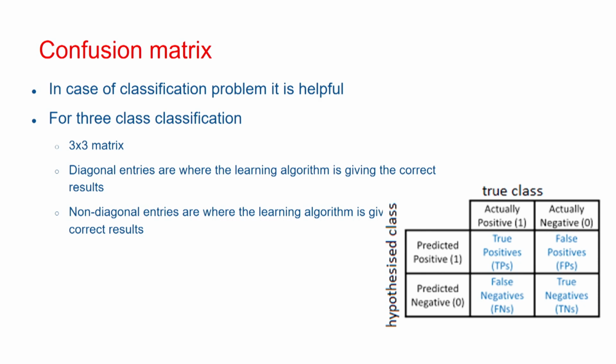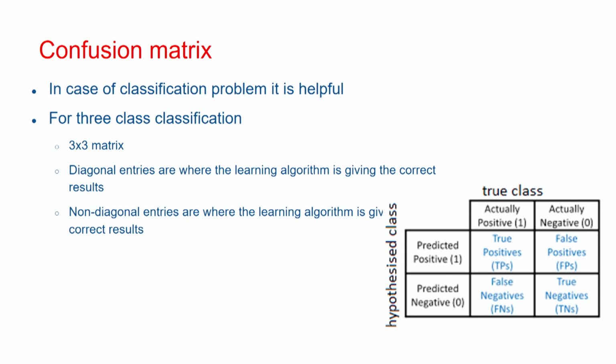If it is a 3 class classification problem, then the confusion matrix that we will get as a result will be a 3 cross 3 matrix, and if it is a 4 class classification problem, the confusion matrix will be a 4 cross 4 matrix. In this way, depending on the number of labels in our classification problem, you will get the size of the confusion matrix.